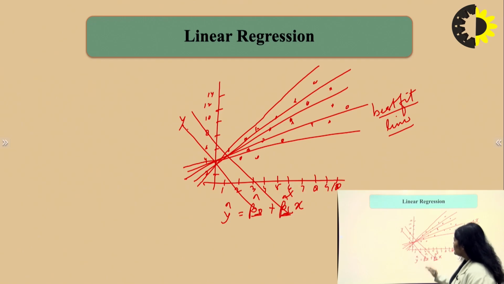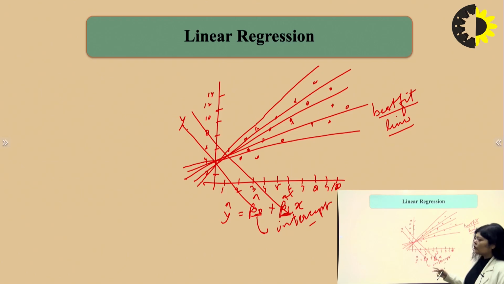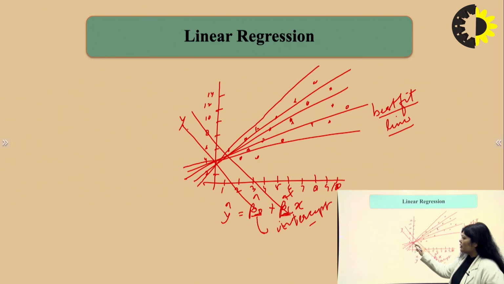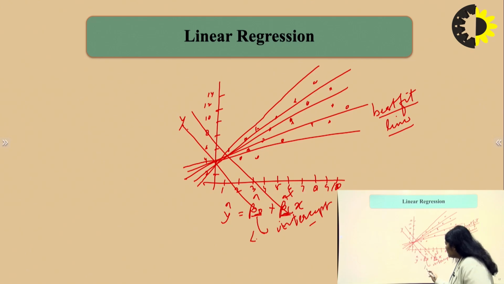Now the next coefficient is beta naught, which is the intercept. So what is the intercept and what is it doing here? When we talk about beta naught, or the intercept, it tells us where on the y-axis this line is going to cross. For example, the line I am talking about right now crosses the y-axis at marker 4, so I can say that the value of the intercept is 4.